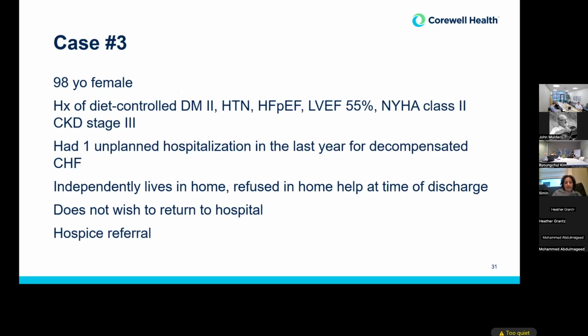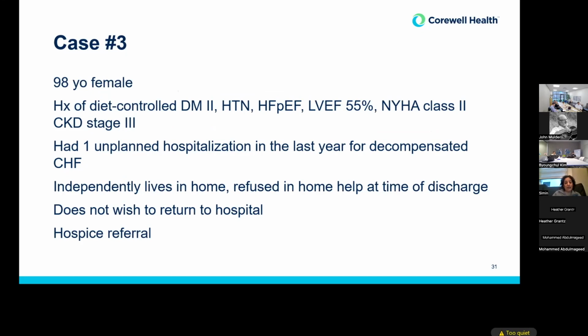This is a 90-year-old woman who has a history of diet controlled diabetes. She's got heart failure with a preserved EF, hypertension. New York Heart Association varies between a 1 and a 2. She's got chronic kidney disease, stage 3.